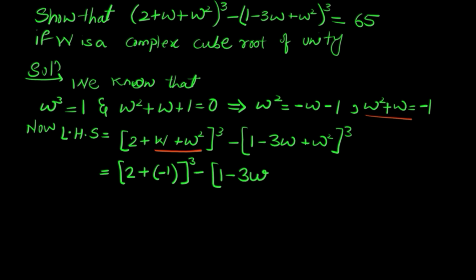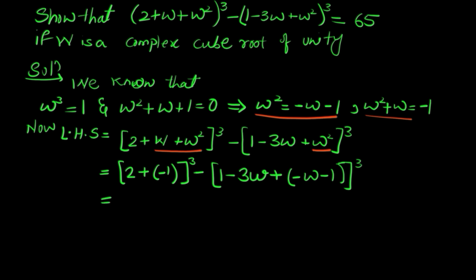Here we know that w square is equal to minus w minus 1. We have to write here plus bracket minus w minus 1, bracket close, the whole cube.